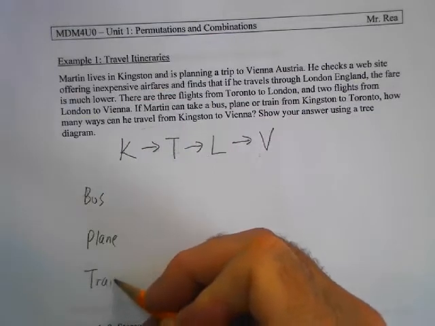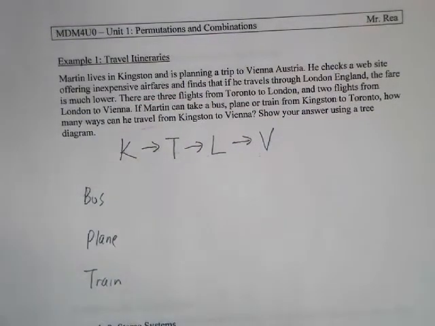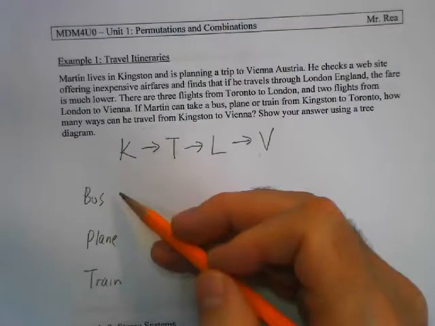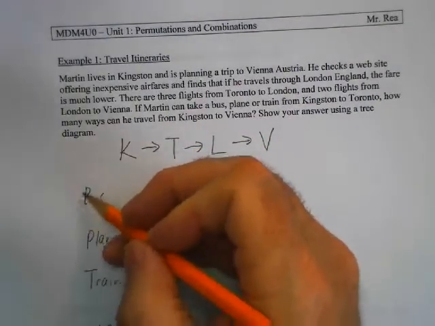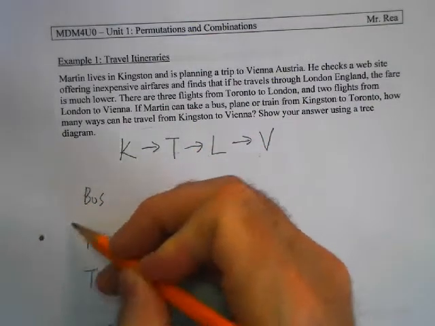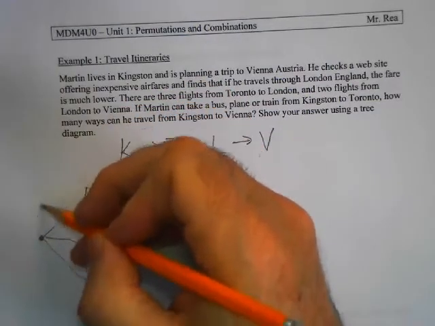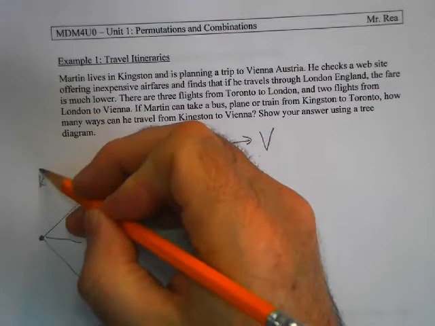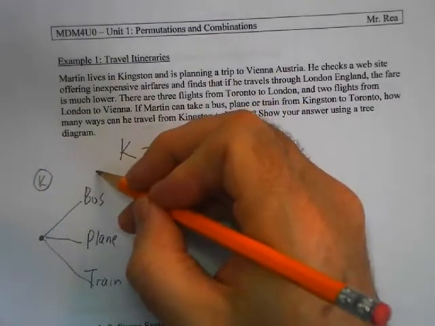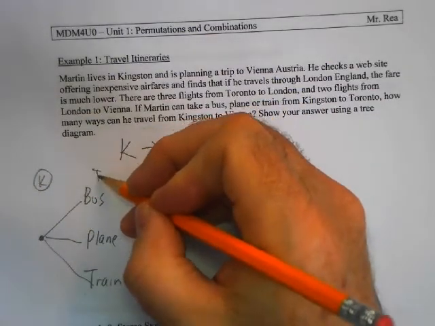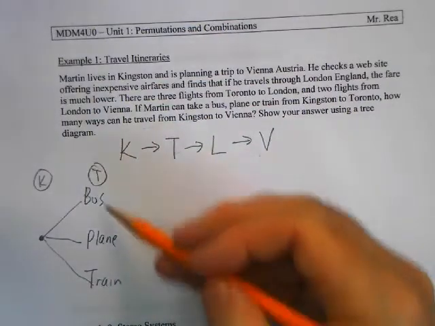If I start off with where he is now, that's Kingston, and then Toronto, he gets there with the 3 choices.